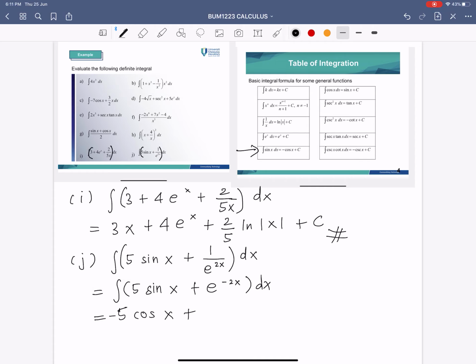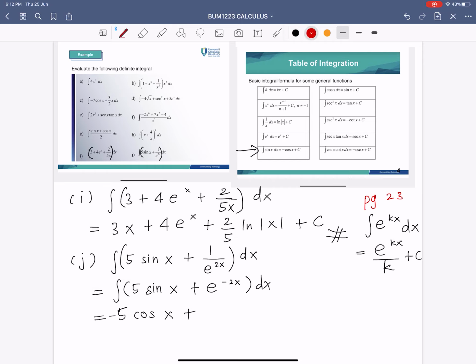For this problem, you need to check the formula from page 23, where you have the formula: integration e power of kx dx equals e power of kx over k plus c.